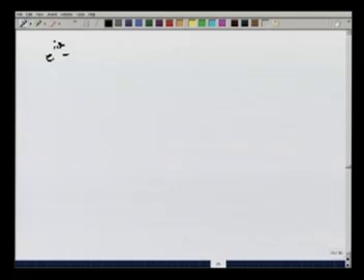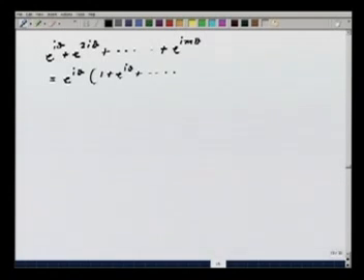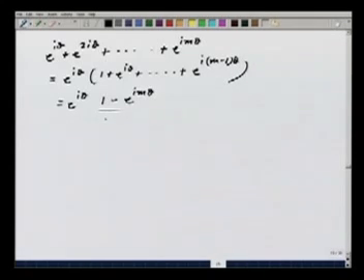So I am going to use that e to the power i theta plus e to the power twice i theta plus up to e to the power i m theta, that I can write as e to the power i theta into 1 plus e to the power i theta up to e to the power i (m minus 1) theta, which then by a well known formula of GP series is 1 minus e to the power i m theta over 1 minus e to the power i theta.